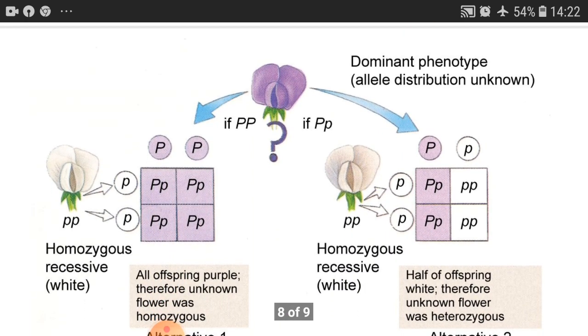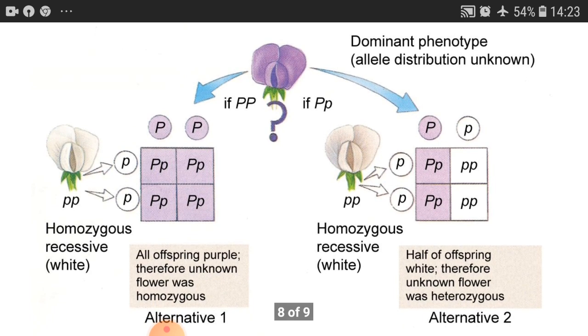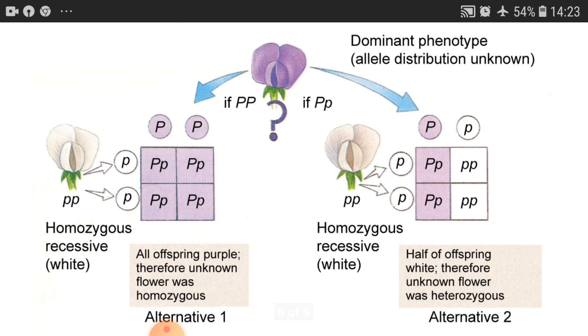Now one more thing which we are going to discuss today before we end this class is about the back cross and the test cross. So what is a back cross and what is a test cross? That is what we will see now.